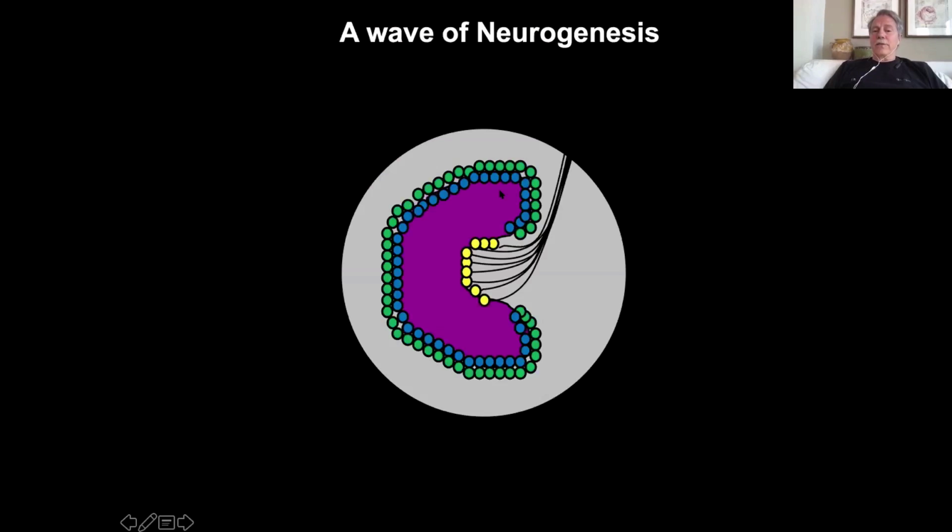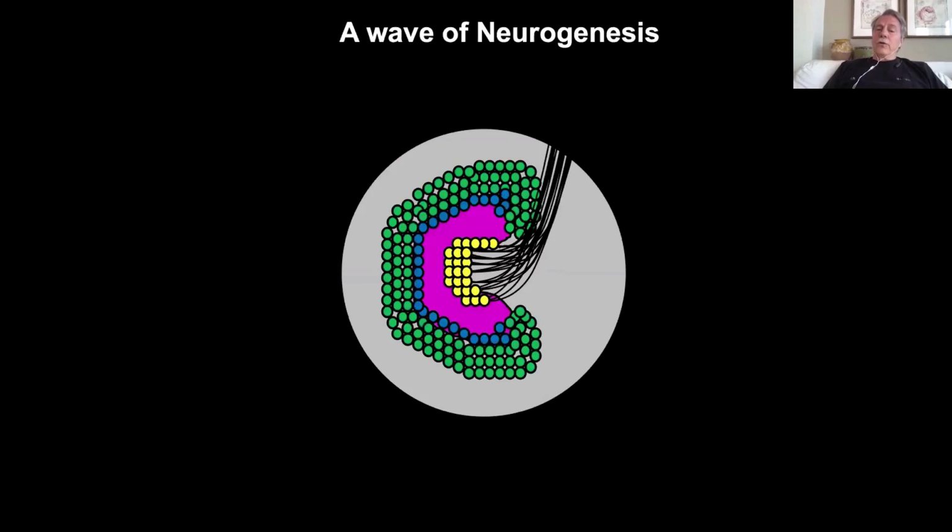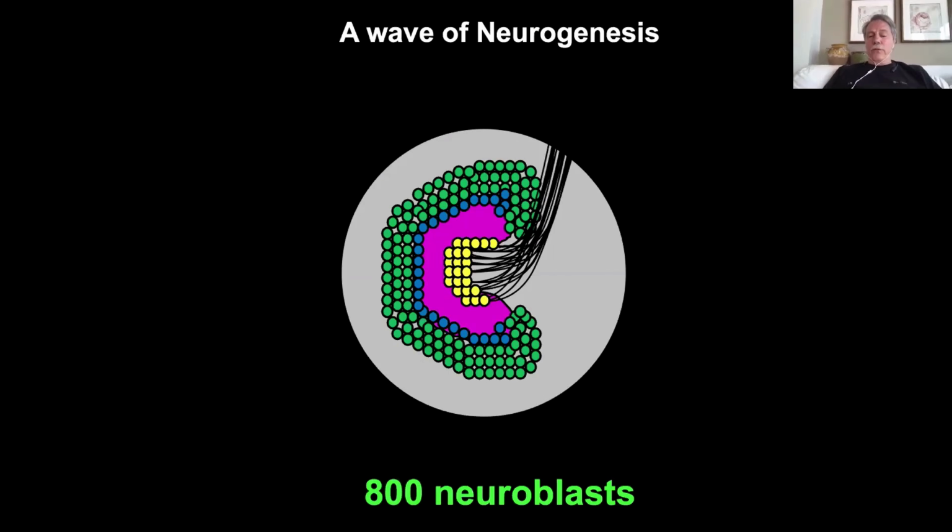So you can see with time, the neuroepithelium will be transformed into neuroblasts, which are going to be formed over a period of 3 days. So that means you have old neuroblasts here and young neuroblasts here. Something very striking about that: we counted about, and this number is not very precise, about 800 neuroblasts.